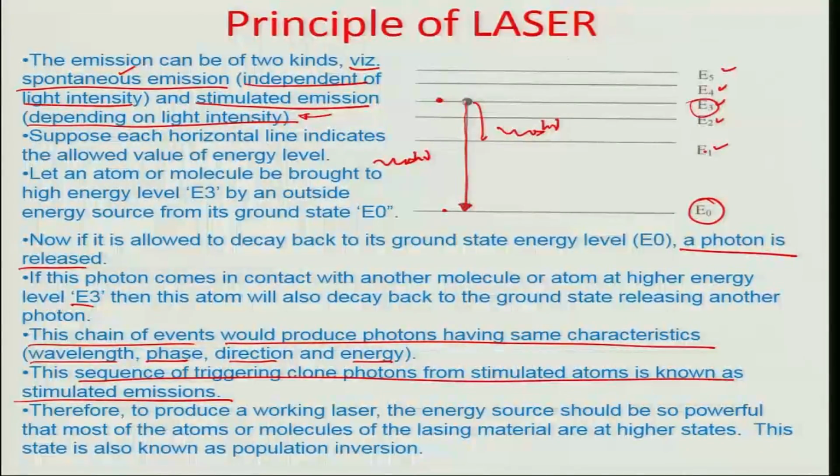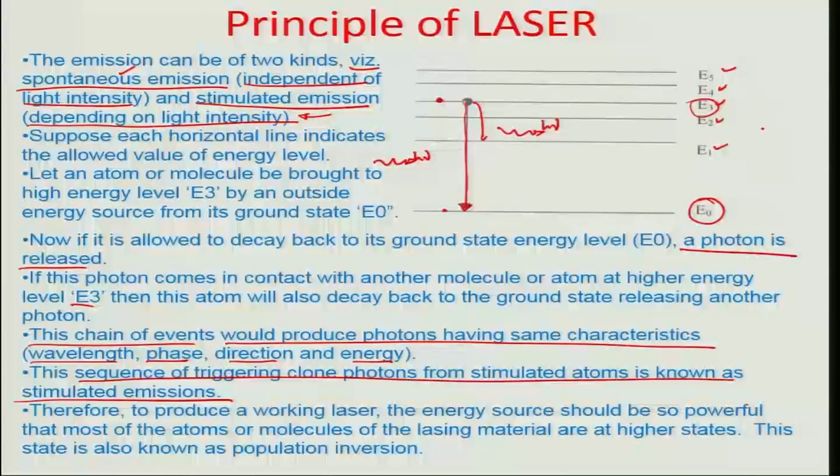So you are basically transferring the h nu energy into dislocating all the excited electrons in state E3 of all such atoms which are actually in the excited state E3, and letting the photons all come out together, okay, as a chain.